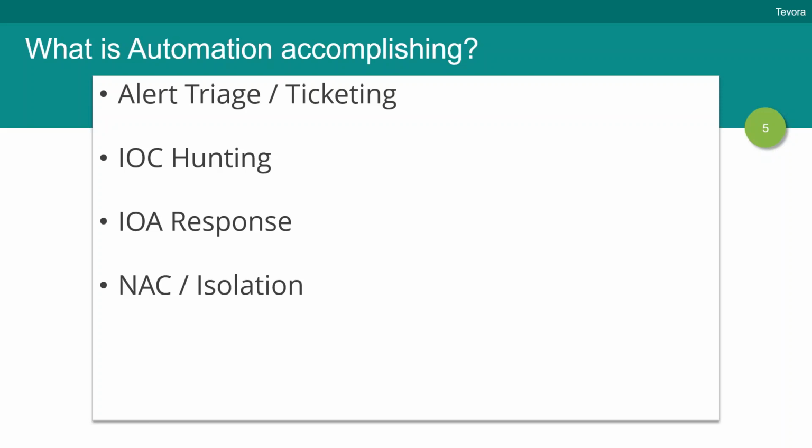We can then start pulling into our endpoint solution and say, this is a hash of a bad file. What is on this system, or what changes have been made, or what files have been changed on the system in the last few hours? We can even set up the system to say, go isolate this system from the network.